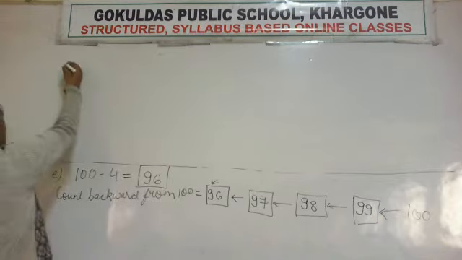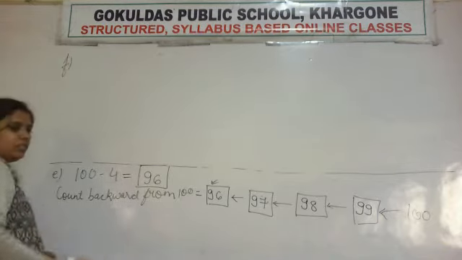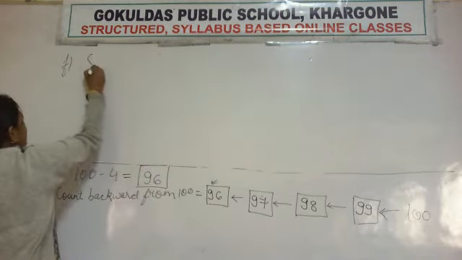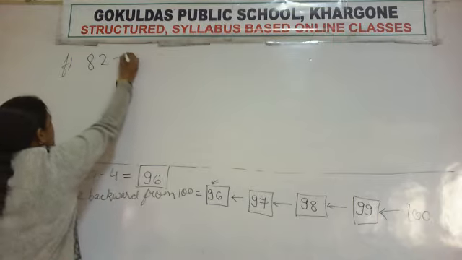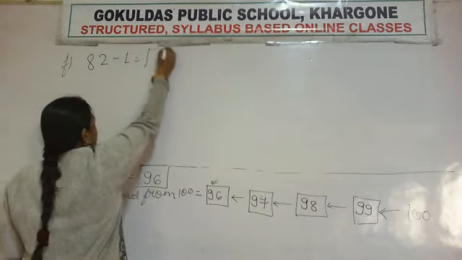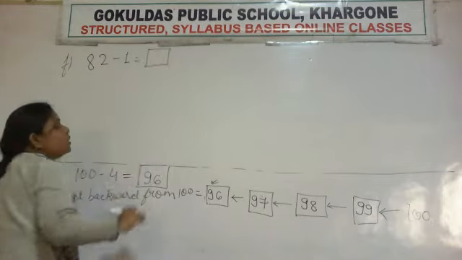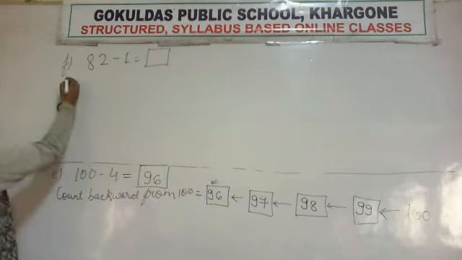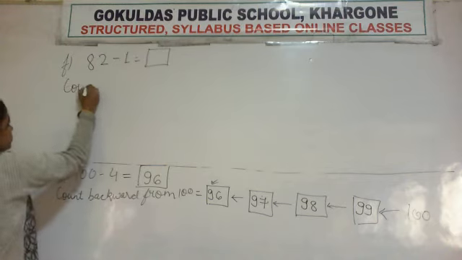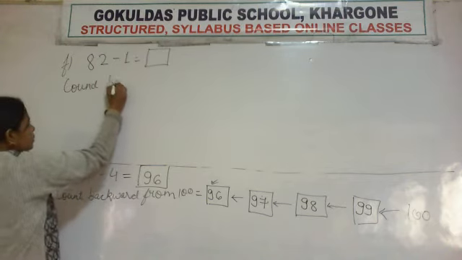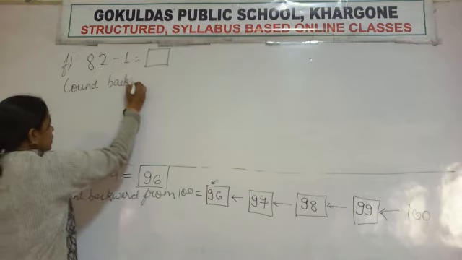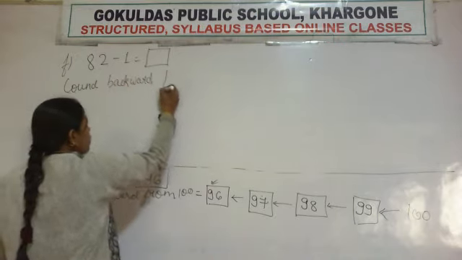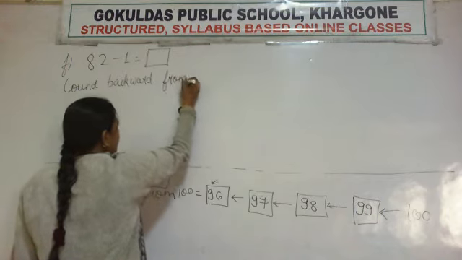The last question is F. 82 minus 1. That means you only have to count one number before 82. So write, count backward from 82.